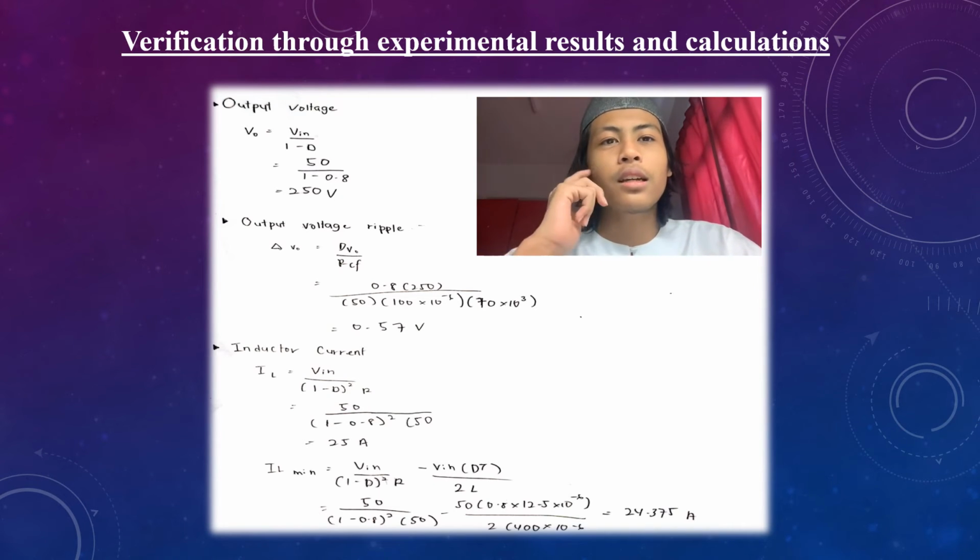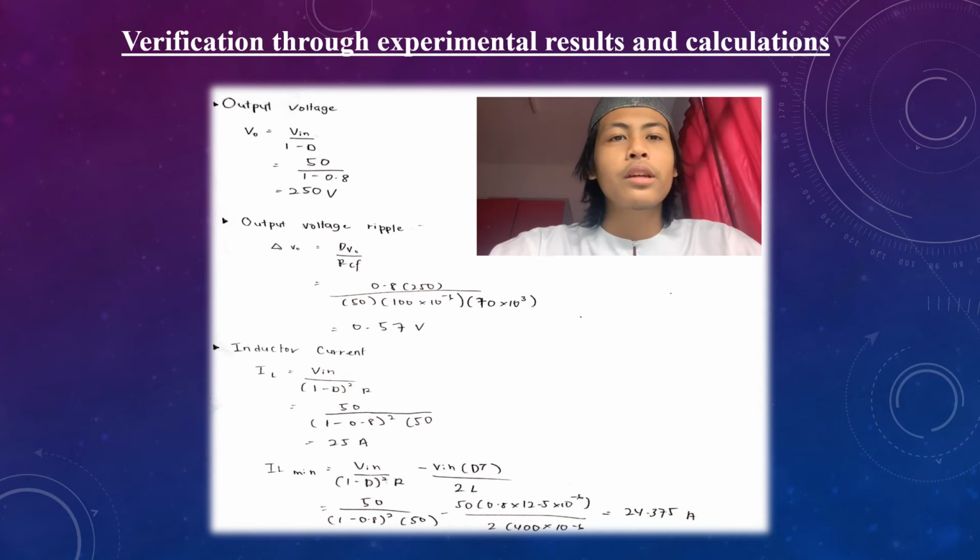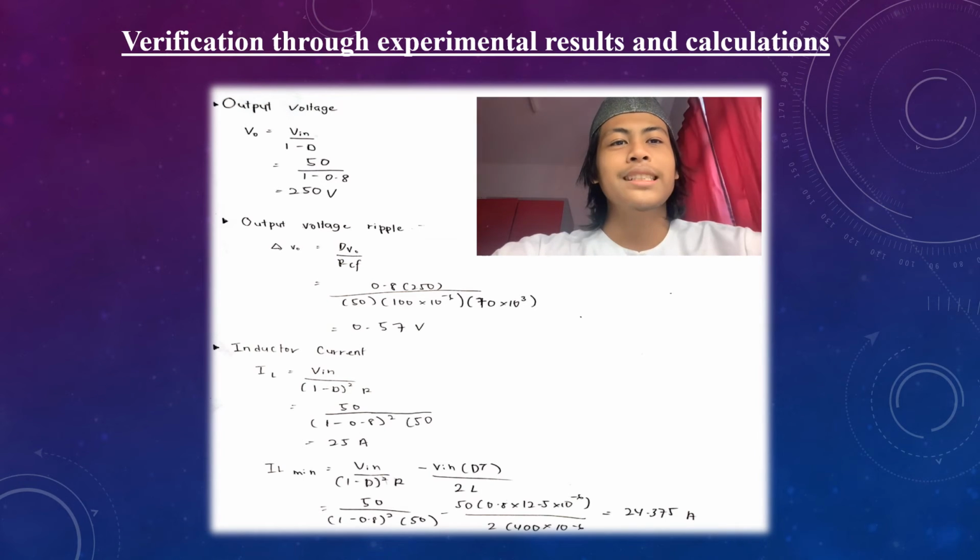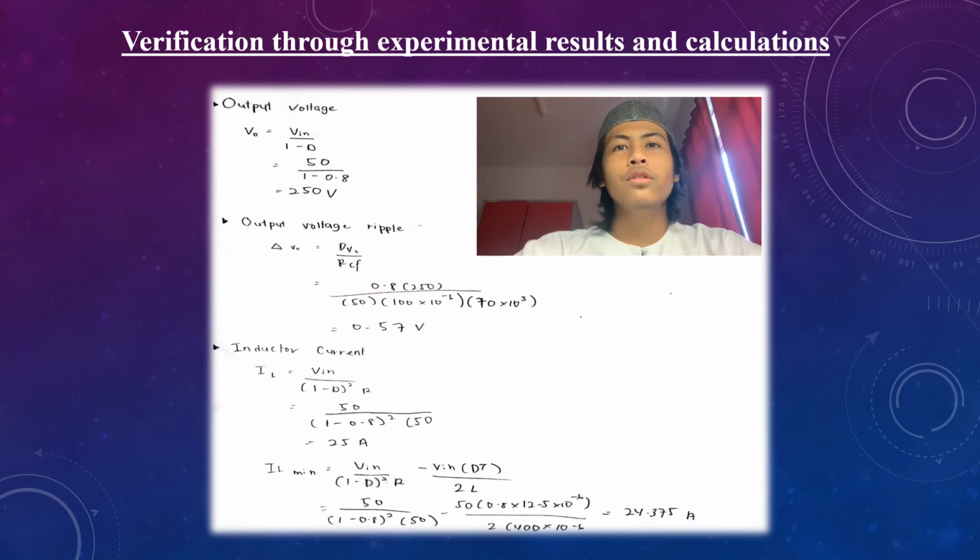Today I will explain how we get the calculations. First, how to find the output voltage. The formula that we need to use is V output equals V input divided by 1 minus duty cycle. Next we move to the output voltage ripple.